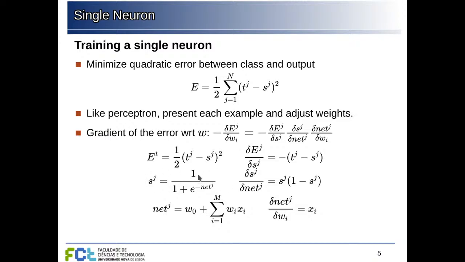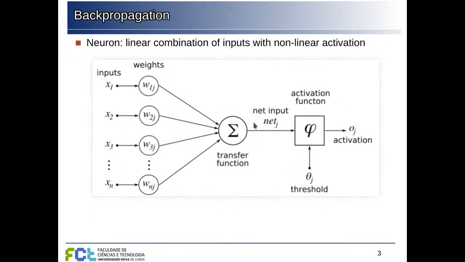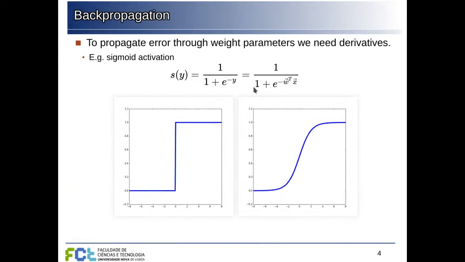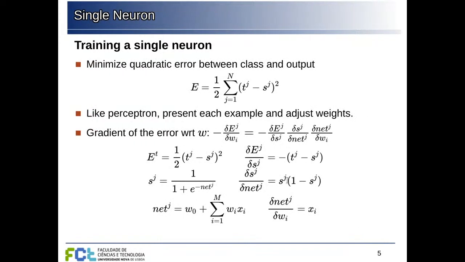So this is the activation function, the sigmoid function. The input into the activation function is this net sum, or this weighted sum of all the inputs. So we need to compute this derivative. This is the derivative of the sigmoid function here, and so we have this derivative.